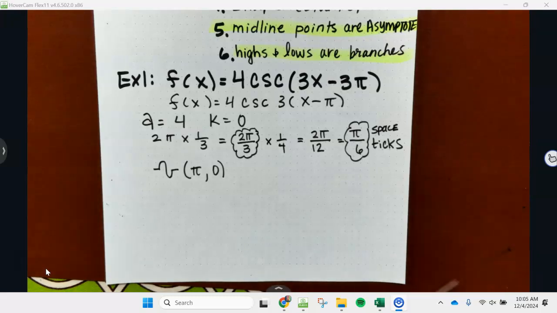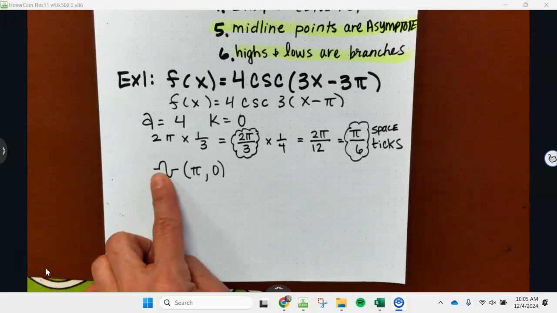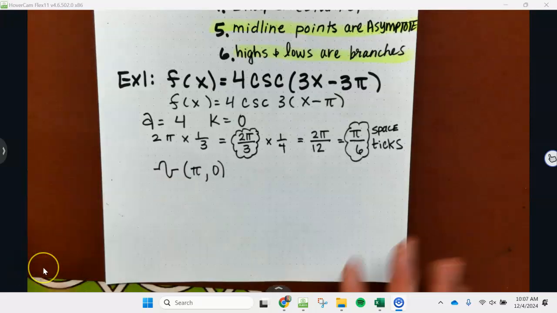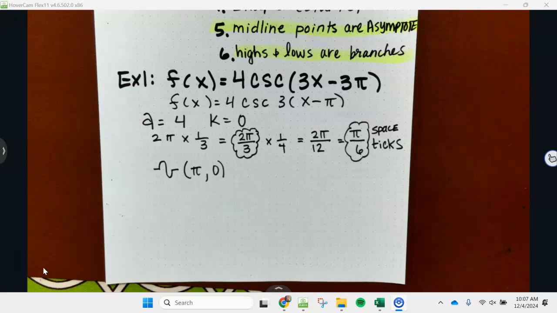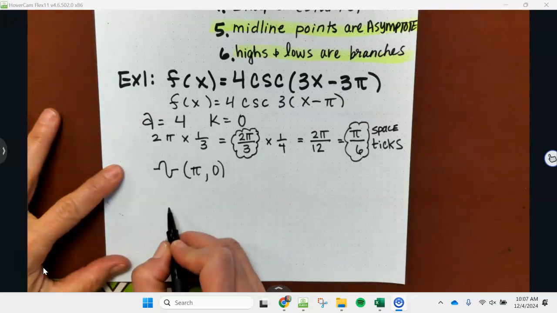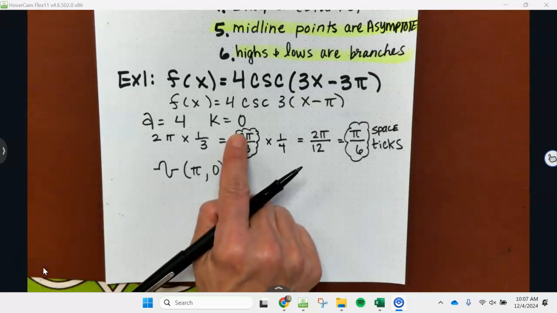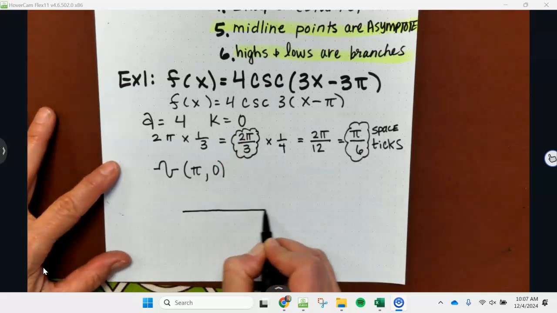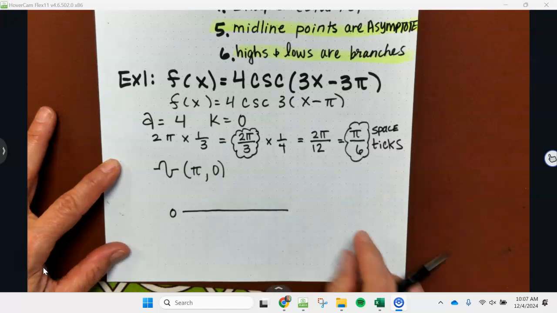So here's what's going to happen, guys. We are going to draw the skeleton for a sine graph. But before we do that, 3 horizontal lines, the middle, the top, and the bottom. So the midline is 0. Y'all, that's the x-axis. So that's going to be a solid line. When it's 0, it's a solid line.